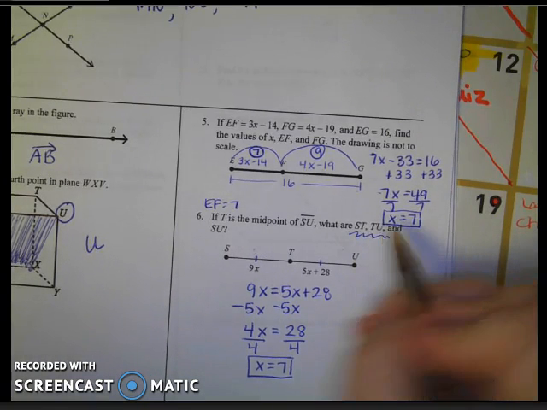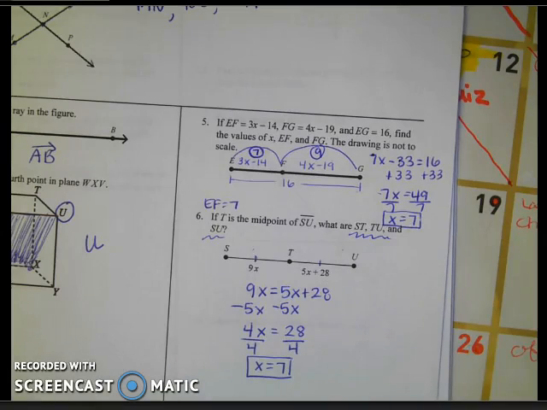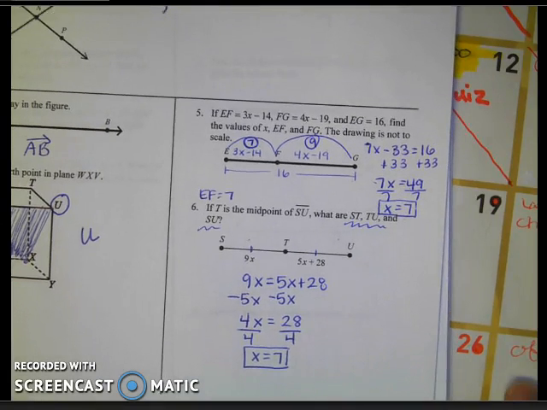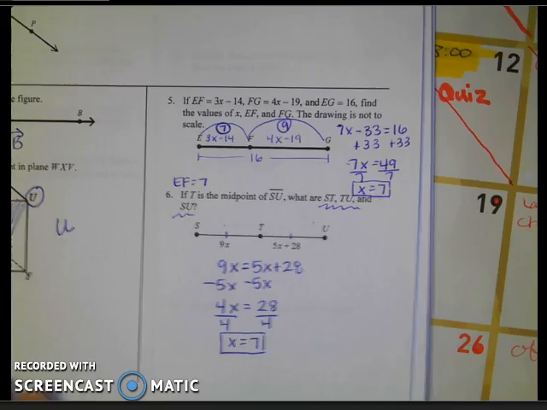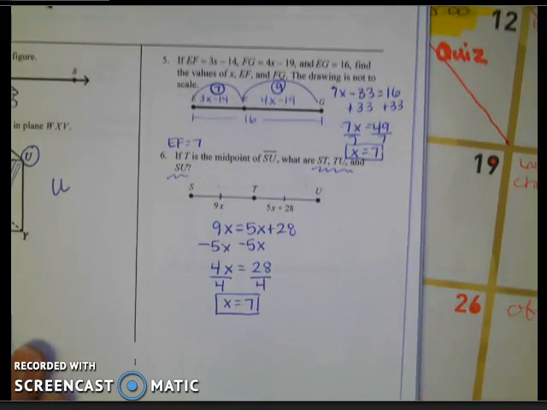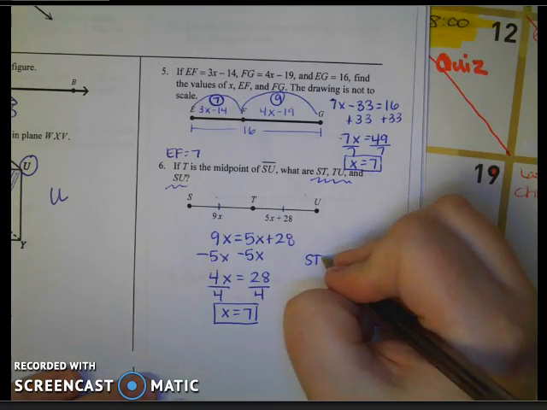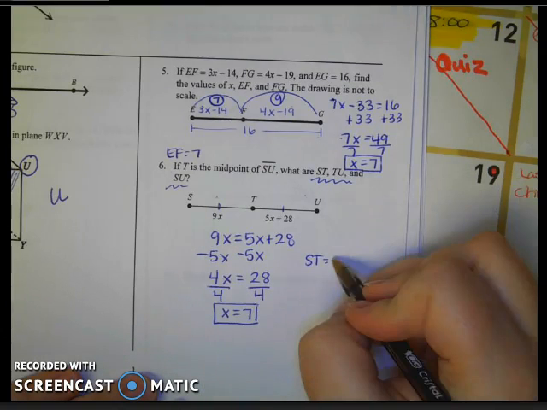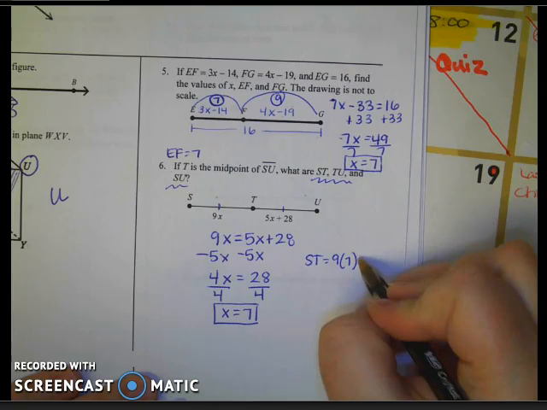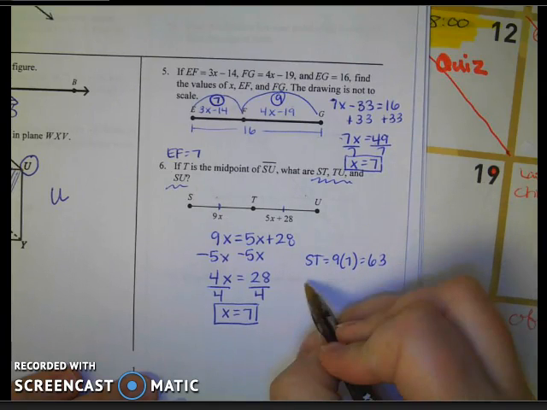Again, this asks for the measures of ST, TU, and SU. So I need to go ahead and plug those in. Let me adjust this camera. Alrighty. So ST is 9 times 7, or 63.